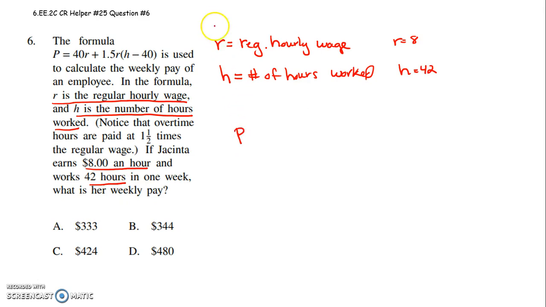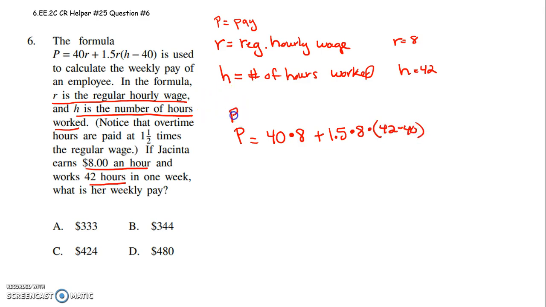So her pay, P, is equal to 40 times her R, which is her regular hourly wage, which is 8, plus 1.5 times R, which is her regular hourly wage, times her number of hours worked, 42 minus 40.